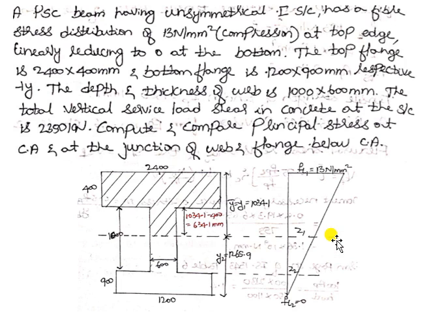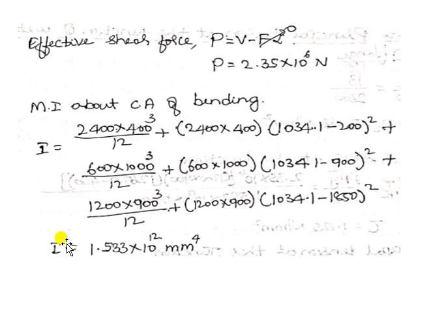So 1850 is the centroidal distance of the bottom flange with respect to the top fiber. Therefore I is equal to 1.533 into 10 to the power of 12 millimeter to the power 4.